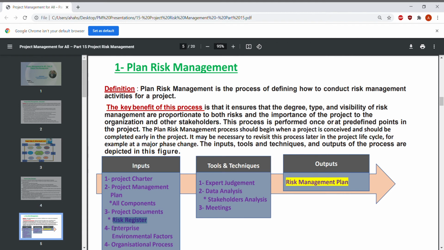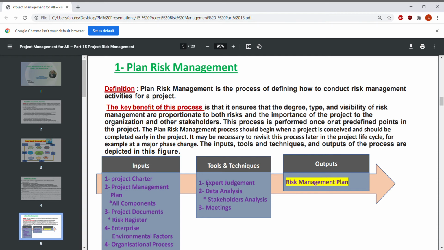The fourth input is the enterprise environmental factors, and the fifth one is the organizational process assets. And I'm not going to talk about these inputs because we already talked about them in previous presentations.